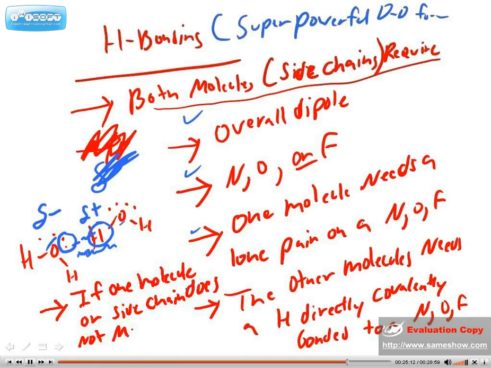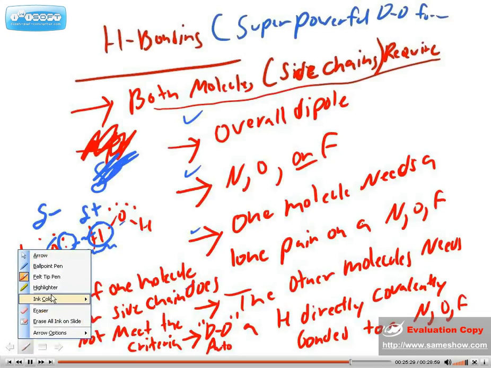Does not meet the criteria, then basically the intermolecular force is downgraded to a dipole-dipole. So it's automatically a dipole-dipole.